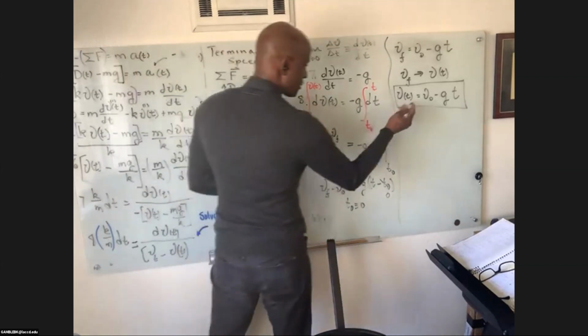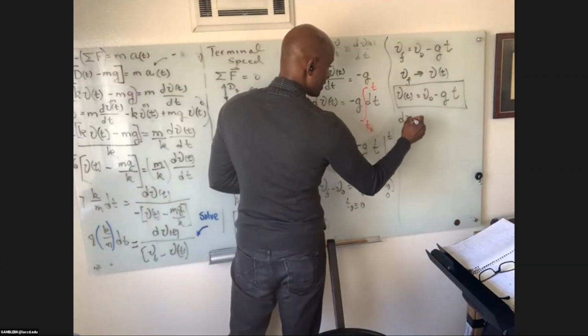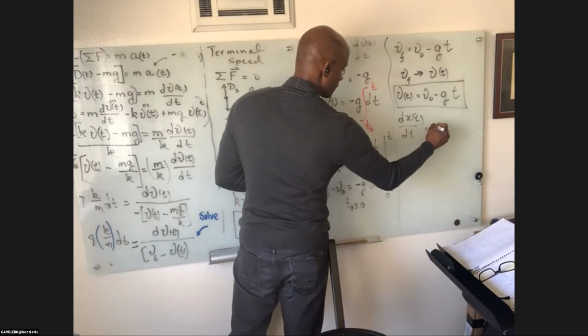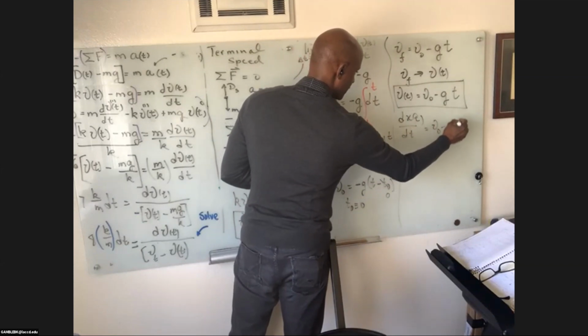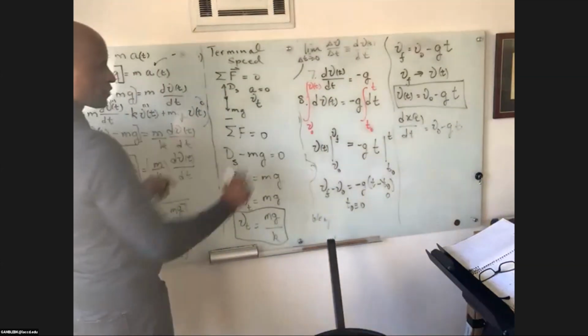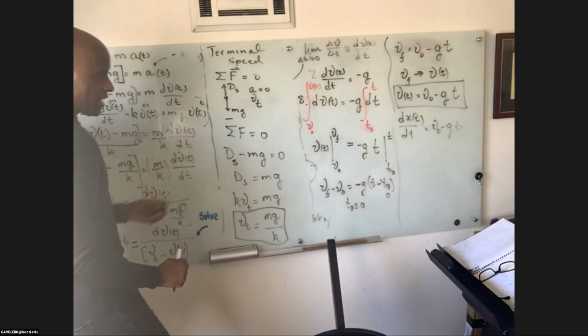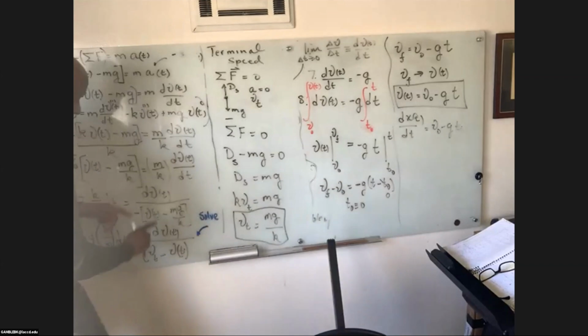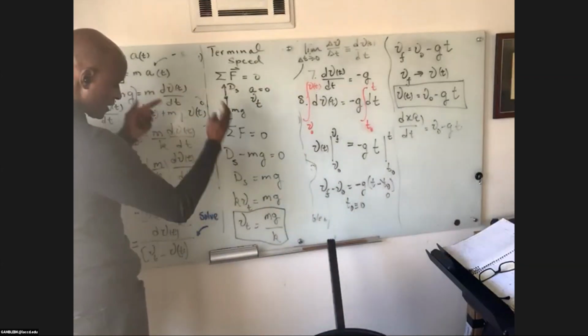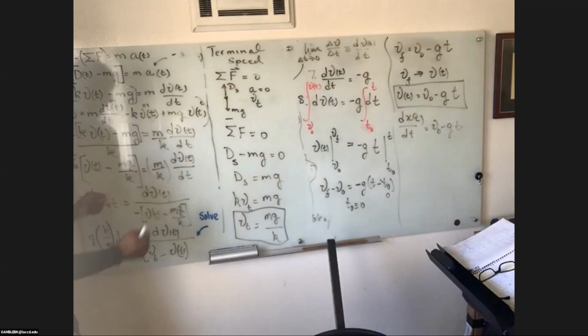So substitute in dx dt for the definition of velocity equals v naught minus gt. Go ahead and work that out. Separate the variables and then get the equation of motion for time. And get the velocity equation for this. And if you're so daring, go ahead and do it again to get the position equation for a drag.